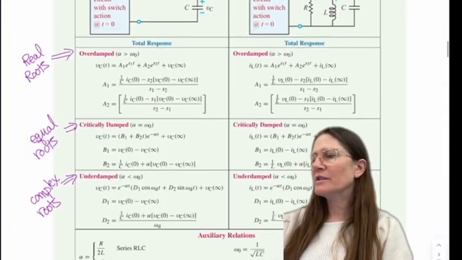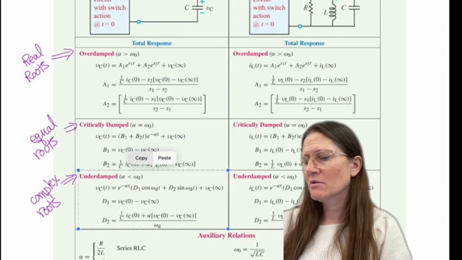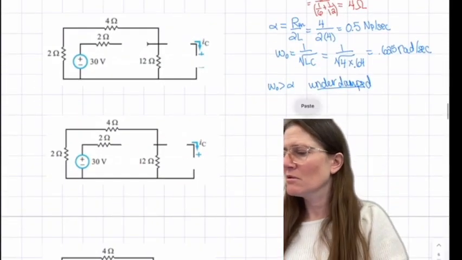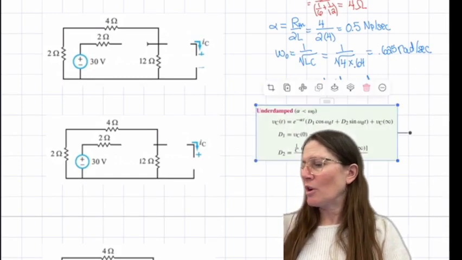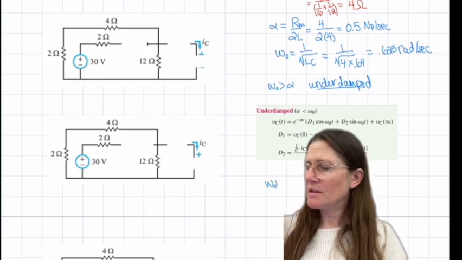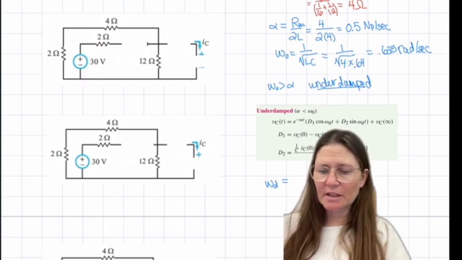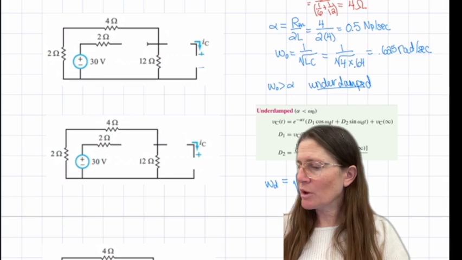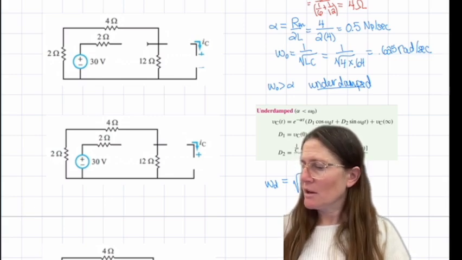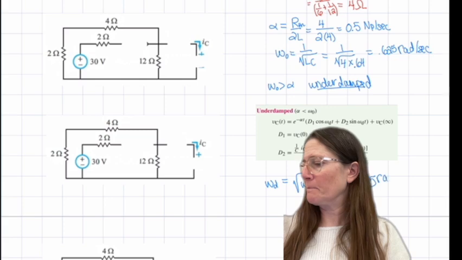So we're series and underdamped. So then we need the omega d for the damping frequency, and that is the square root of omega naught squared minus alpha squared, and that is 0.375 radians per second.